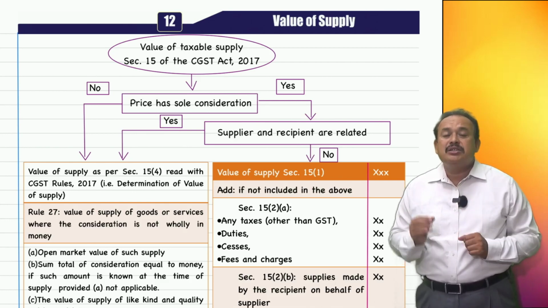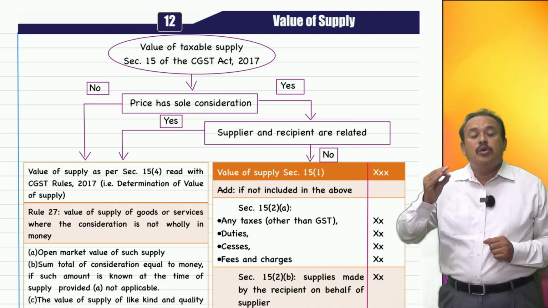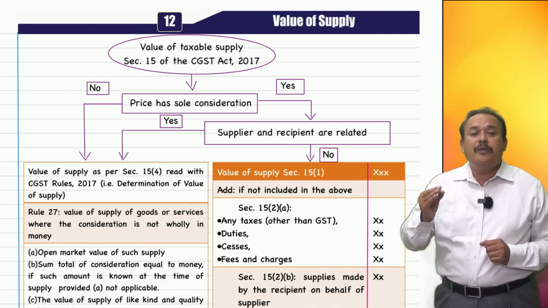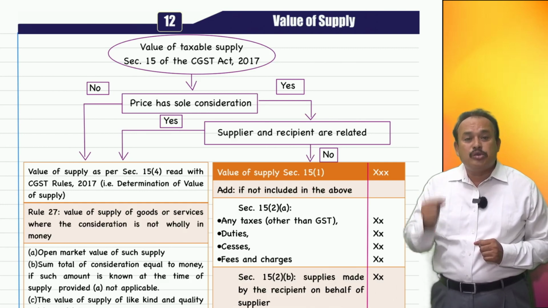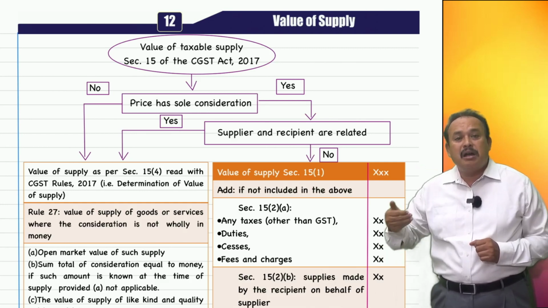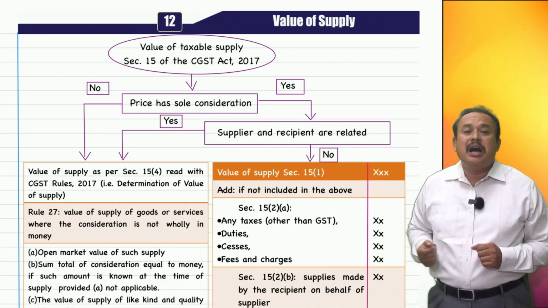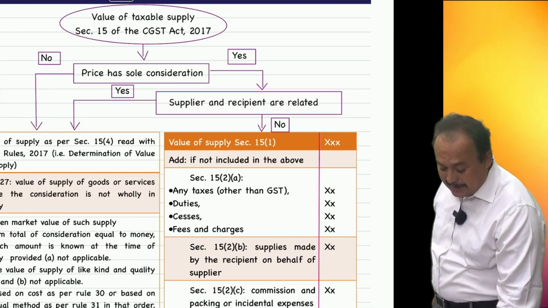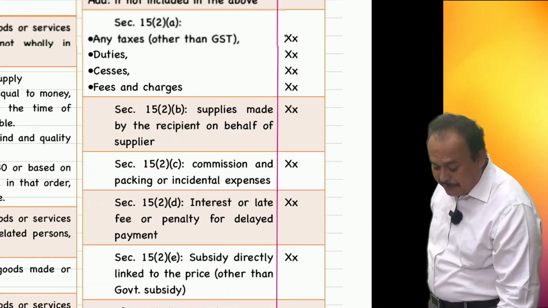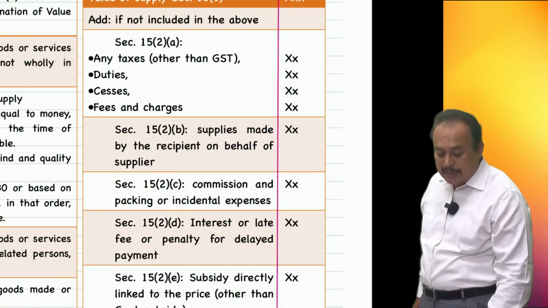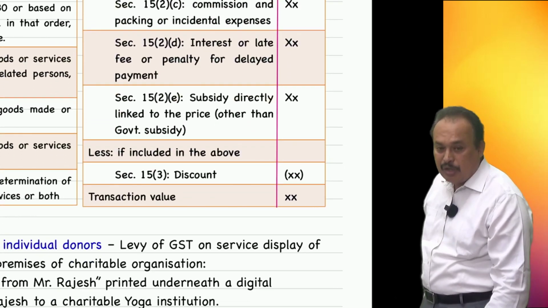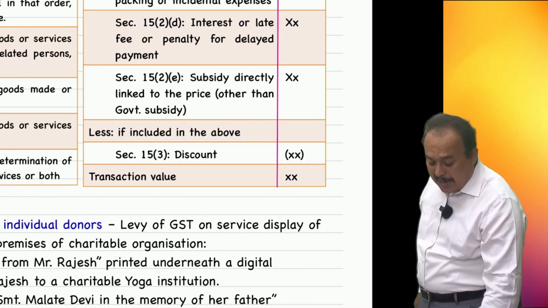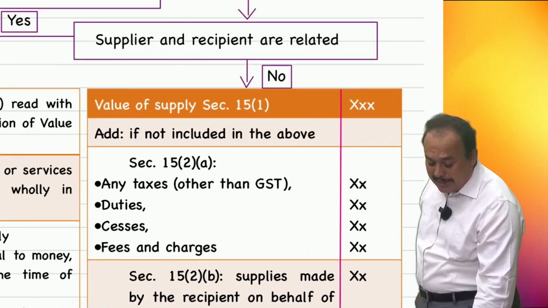Section 15 subsection 2 talks about the value of supply if not included the following. Clause A to clause E we have under section 15 subsection 2. Under this category we have clause A, clause B, clause C, clause D and clause E. If not added in the given value, you add it.